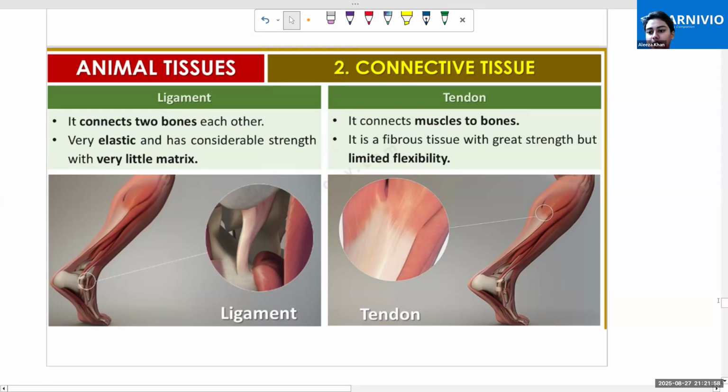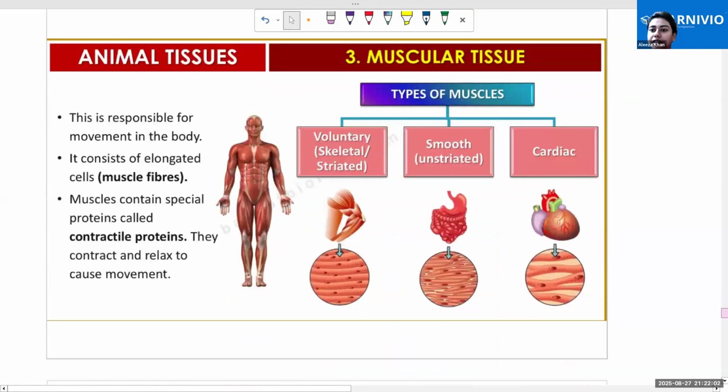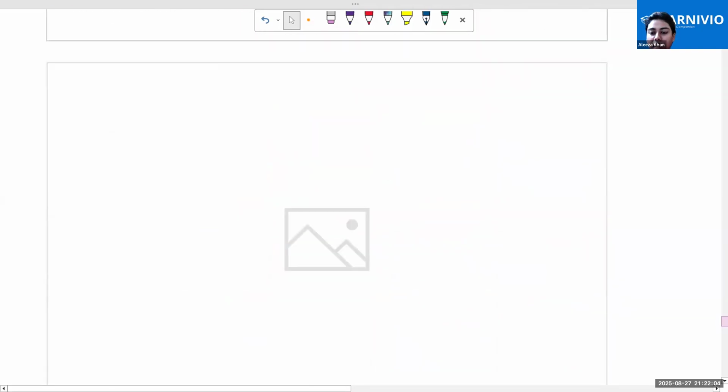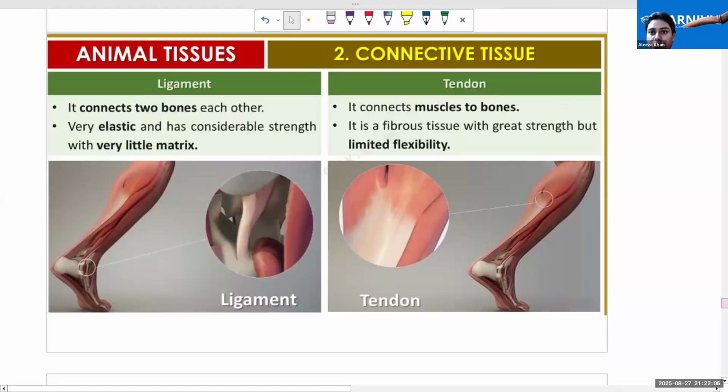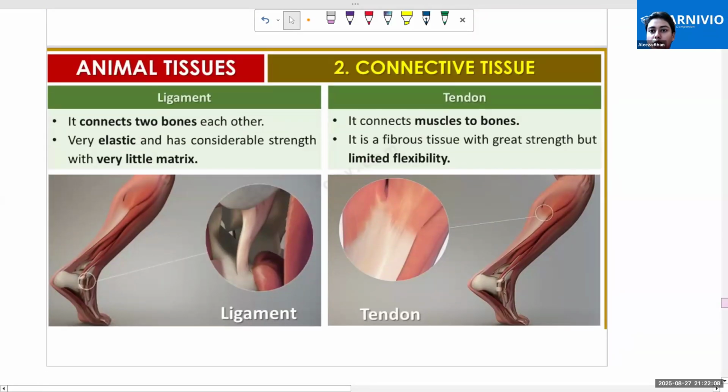Okay. Coming on to the ligament and tendon. After this, we'll be having the muscular and the nervous tissues. So, ligaments and tendons come under which category? Any one of you? Loose connective. No, dense connective tissue. Loose is for areolar and adipose.